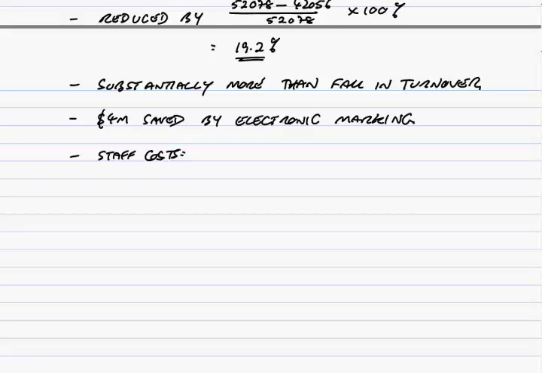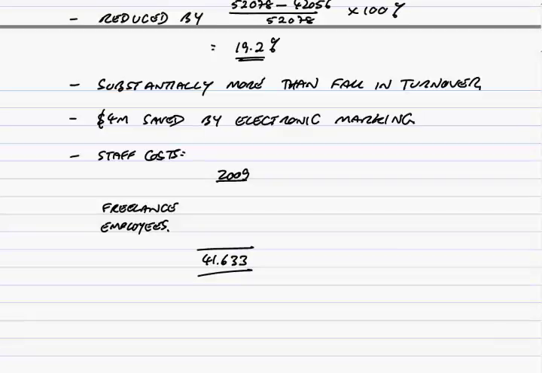Fourth line, total staff costs were 41.663 million. Next sentence, freelance lecturer costs are 35% of the total. So, 2009, there's freelance, and there's our own employees. The total of these were 41,633, and 35% of them were freelance.